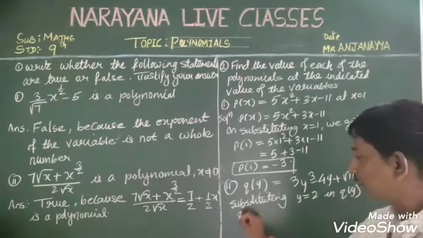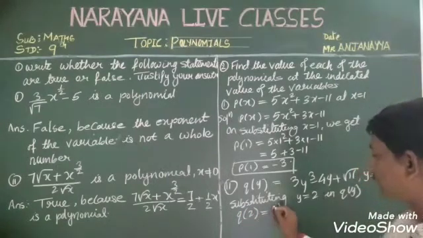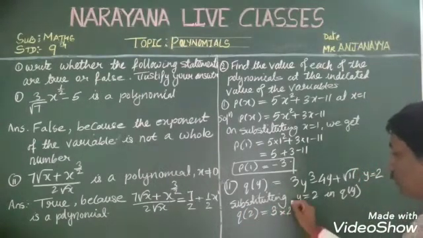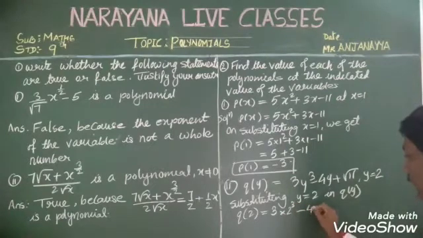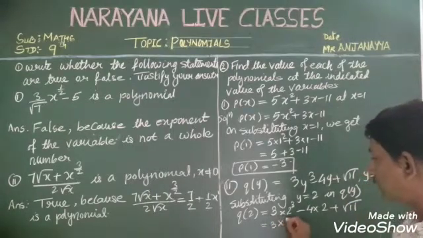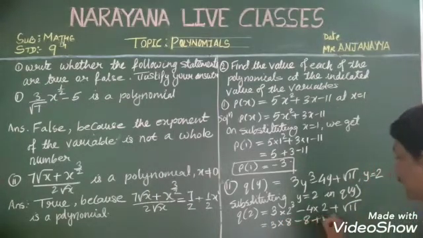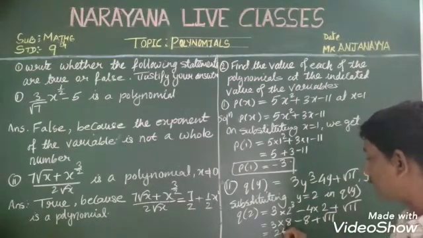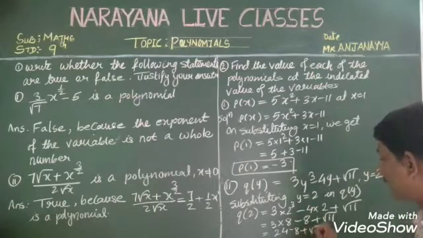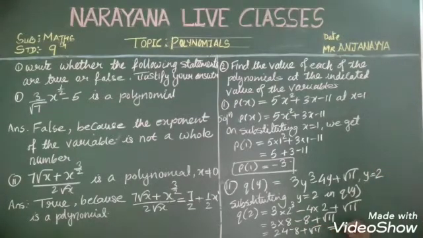We get q of 2 is equal to 3 into 2 cube minus 4 into 2 plus root 11. So what I get is 3 into 8 minus 8 plus root 11, and this comes out as 24 minus 8 plus root 11, and this I can write as 16 plus root 11 as the final answer.